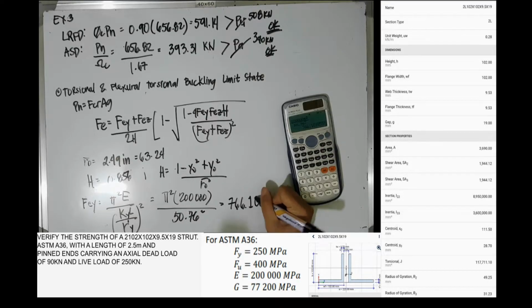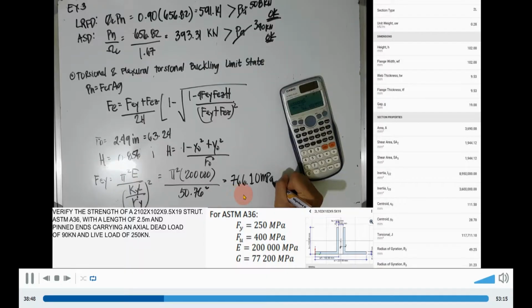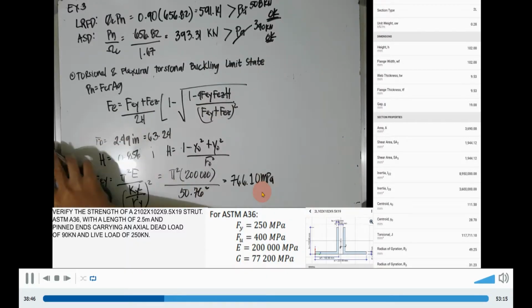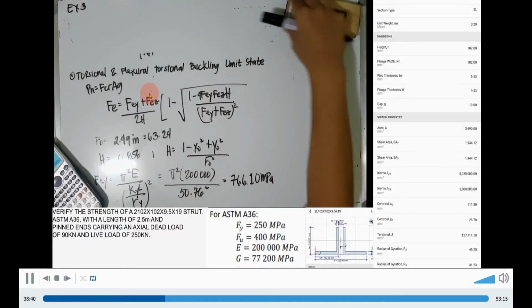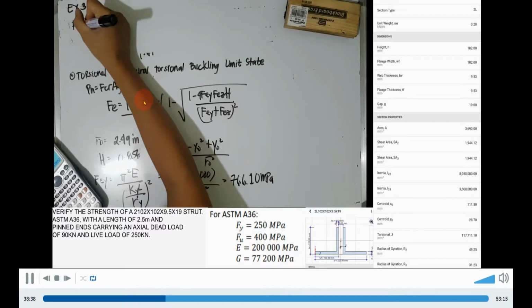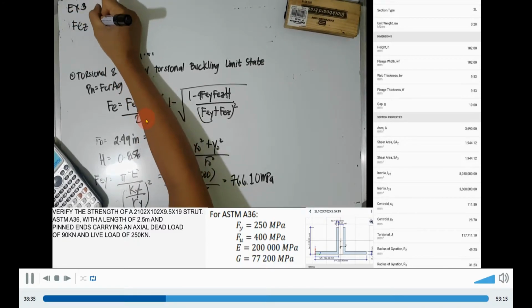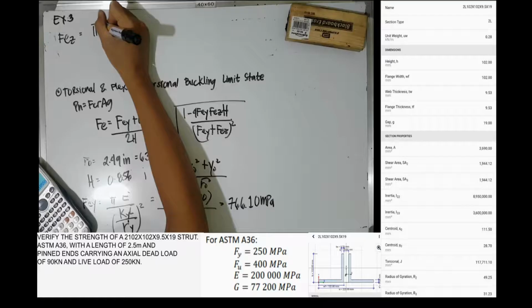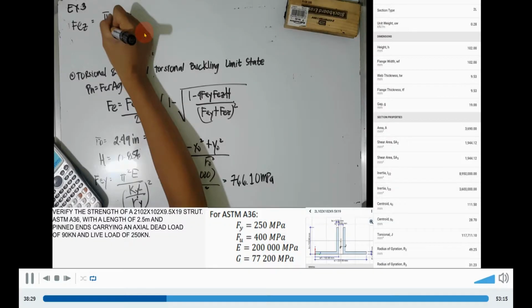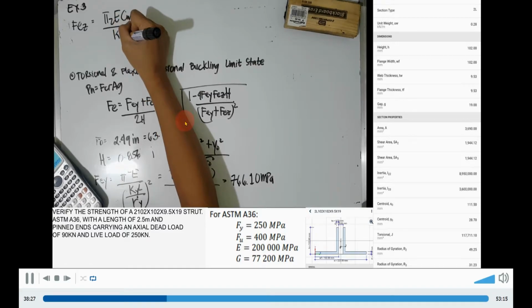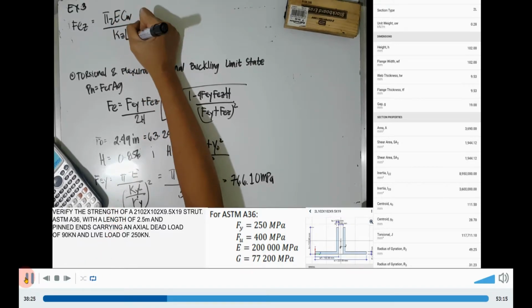So our elastic flexural buckling stress at y-axis is 766.1 megapascal. And ito naman susunod natin kunin, which is the elastic torsional stress, Fez. So this formula naman.